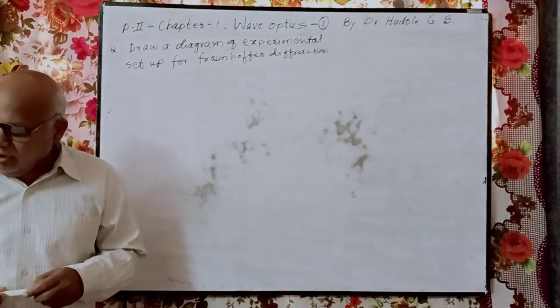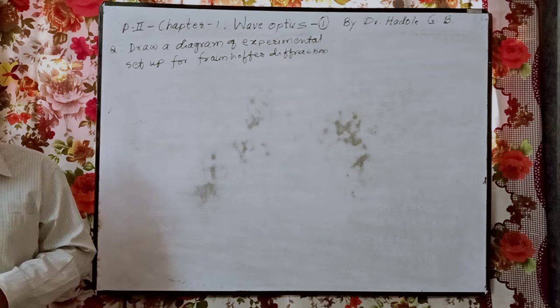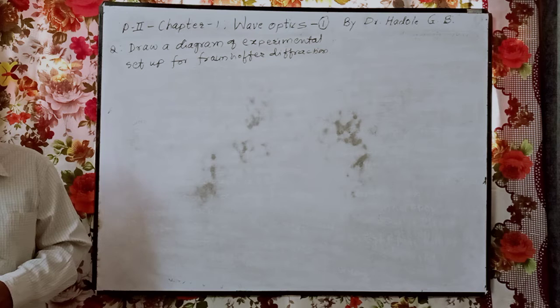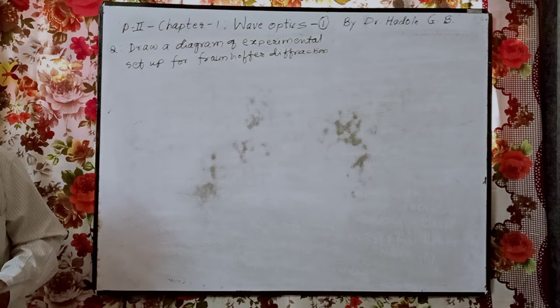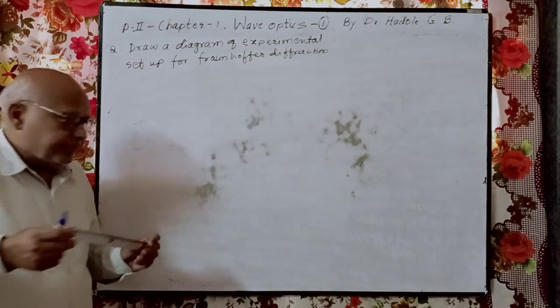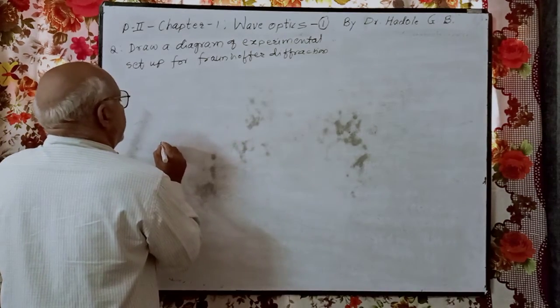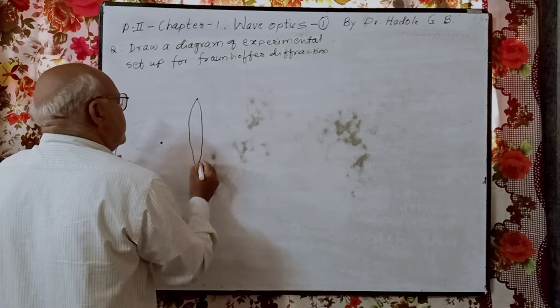How is the Fraunhofer diffraction taking place? To demonstrate this, we have to draw a diagram. This is a point source. Suppose this is the primary lens.